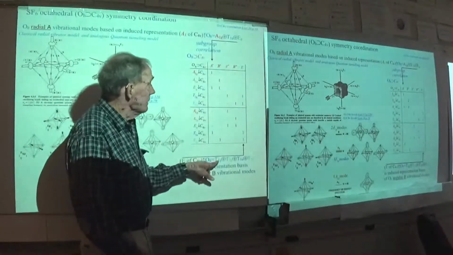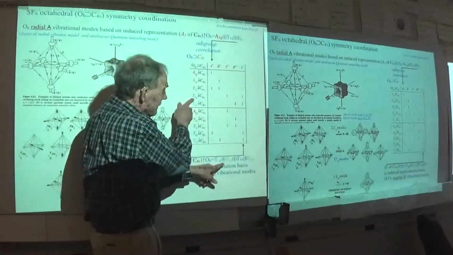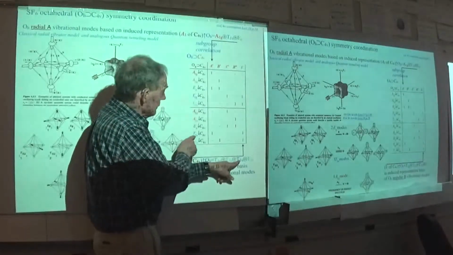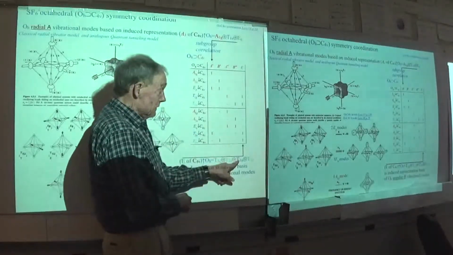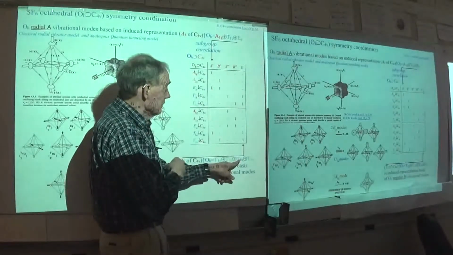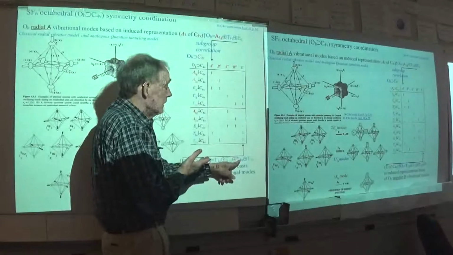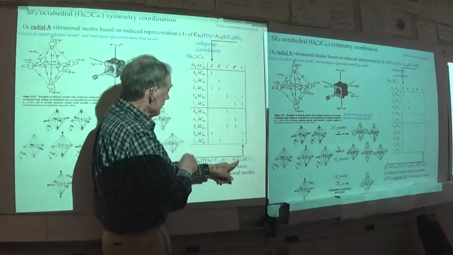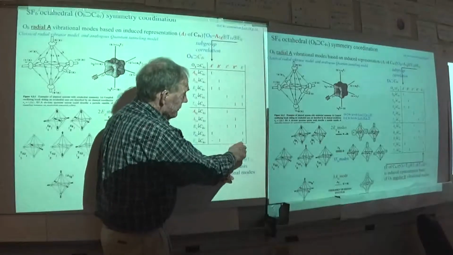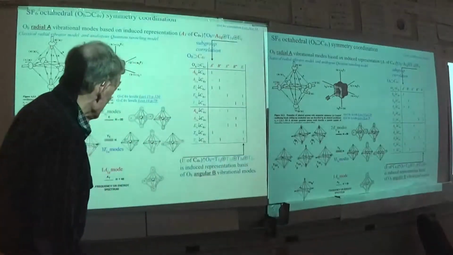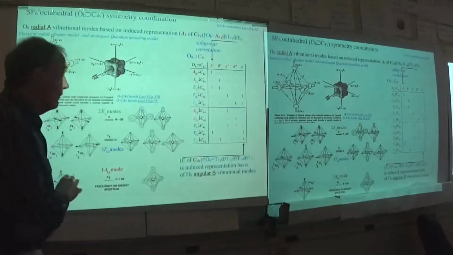So I'm going to be seeing here a T1G, a T2G, then a T1U, another one of those. We've already, looks like we've got one of those in the radial department, so here's another one. And then a T2U, the very last row here is indicating we've got one of those as well. So that takes care of the A and the B.